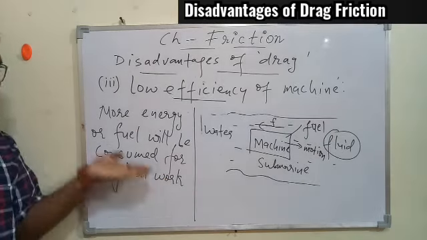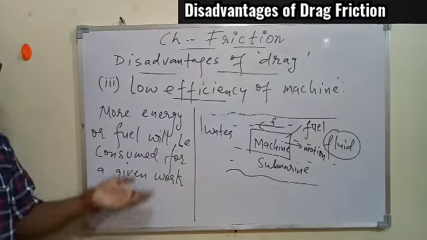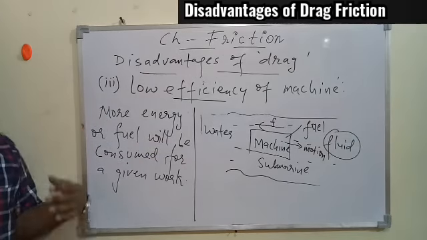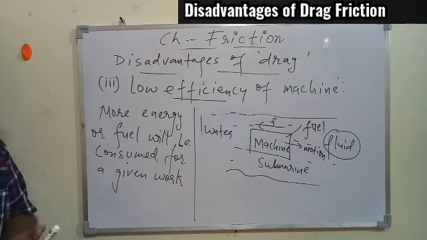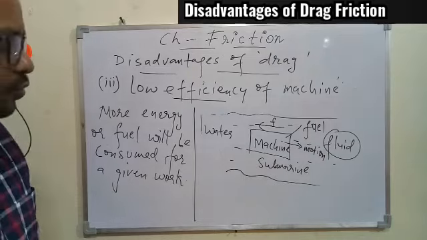So for the same work, more energy is to be given to the machine, so automatically it is giving less output for the same energy. Am I clear? So that is how the efficiency of the machine will go down.